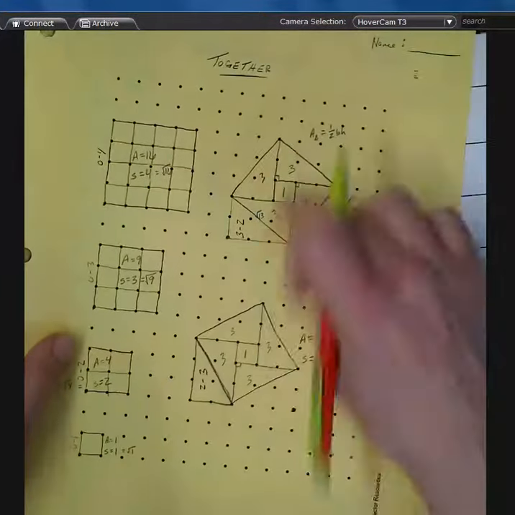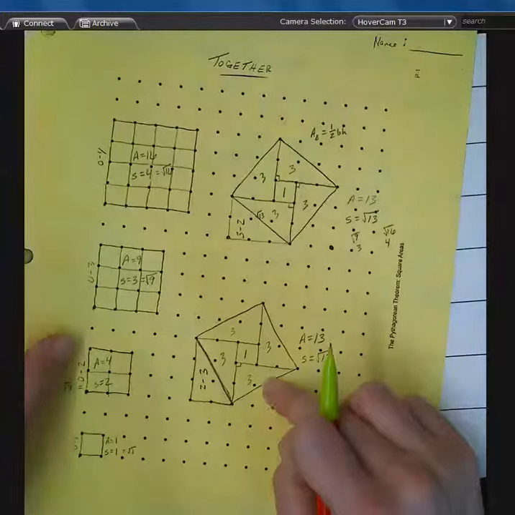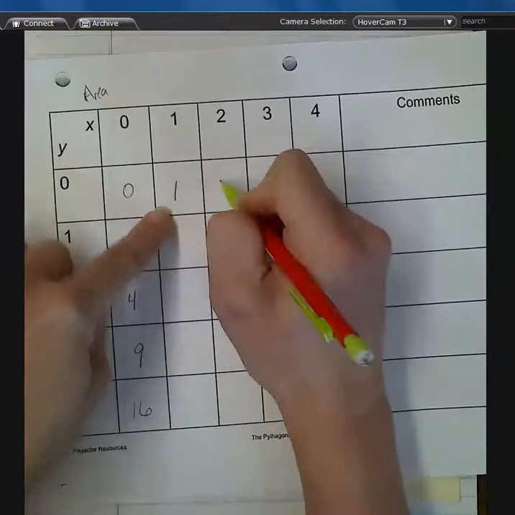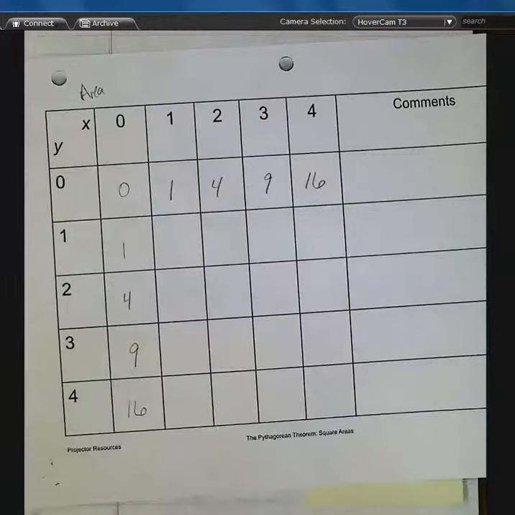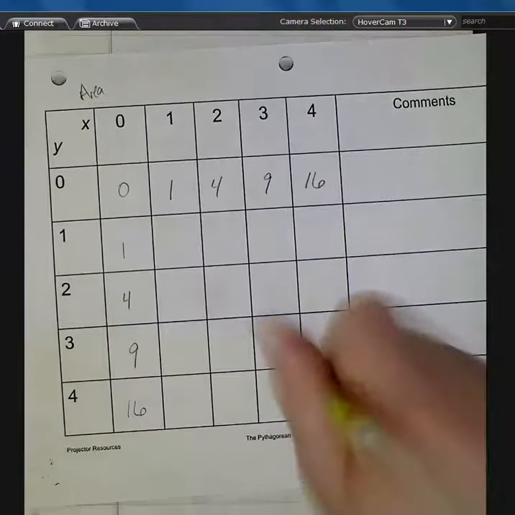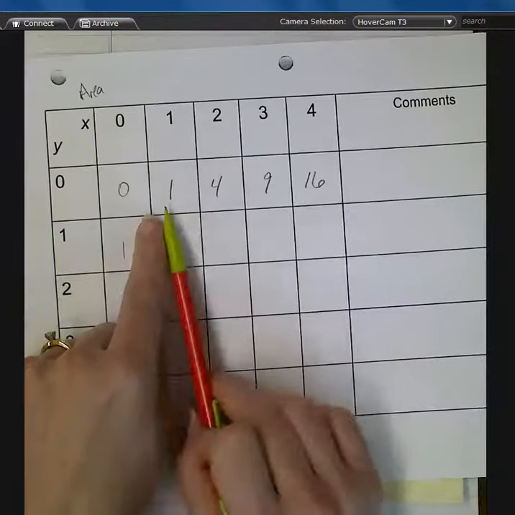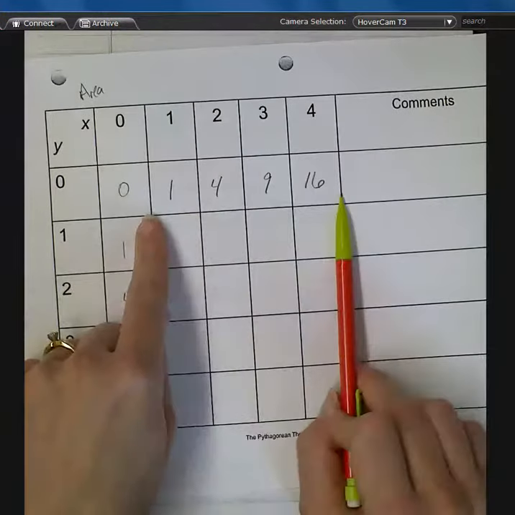When you flip-flop them, does the area matter? No. So this would still be 1, 4, 9, and 16. Tune in, because you're going to have to fill this chart in with your group. What do you notice about these numbers? They are all perfect squares.